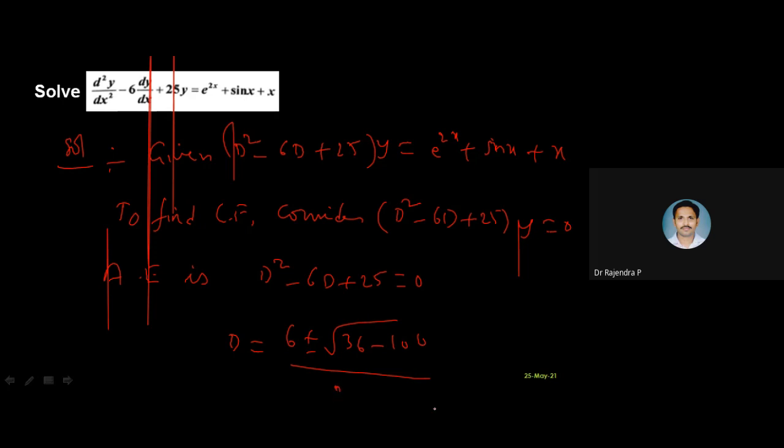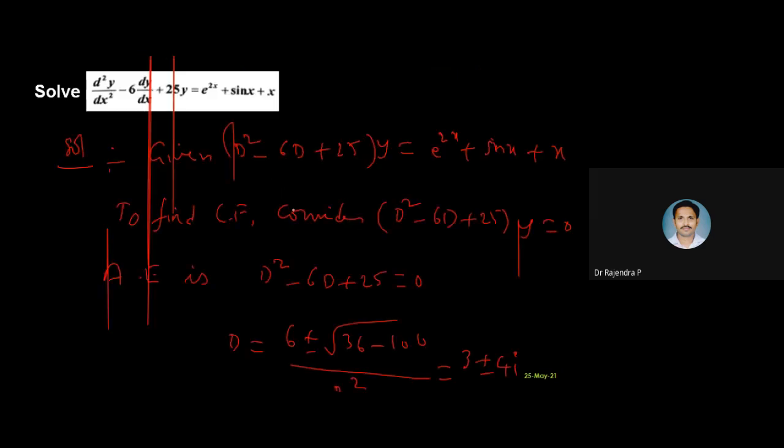So 6 plus or minus under root minus 64, that will be plus or minus 8i, by 2. So what is it? 3 plus or minus 4i. Are you able to get this one, everyone? Yes, sir. Good. So the roots are complex roots here.